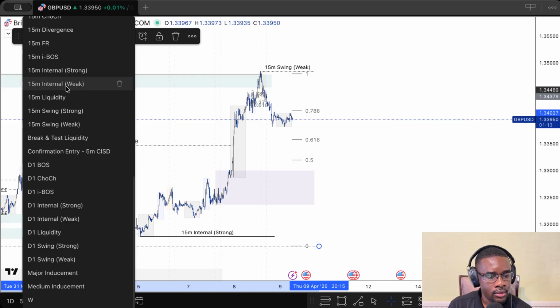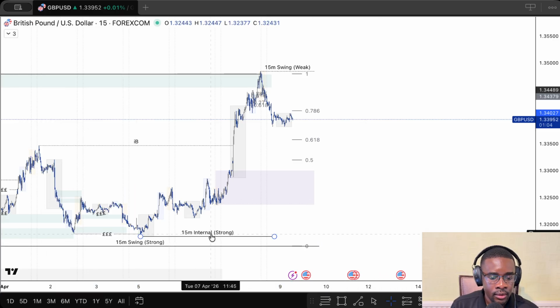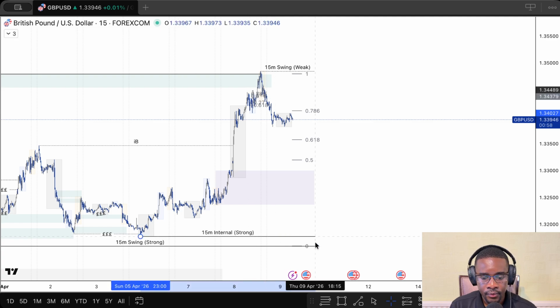So 15-minute swing structure has shifted bullish. Okay, so 15-minute swing strong, and then internal remains as it is. Okay, it's remaining as it is for the time being.